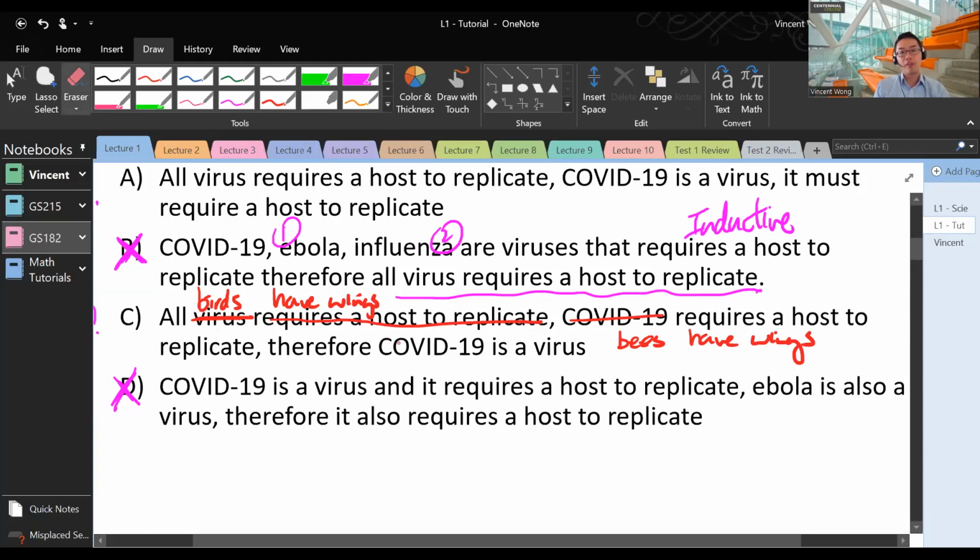My conclusion is that therefore, COVID-19, or in our alternate example, bees, are what? What do I fill in the blank here? Do you guys follow the logic? Yeah, bee is a bird, right? And you can see with the bees and birds example what is wrong with this sentence structure. So this is not correct, right?